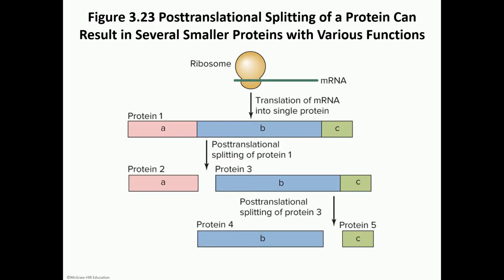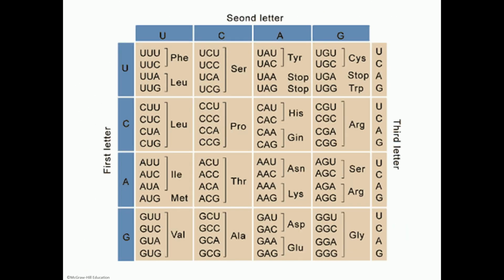So let me explain why some of them are silent mutations. And this takes us back to the redundancy. So if a mutation happened where, let's do this one, where the A is replaced with a G, we are still coding for the exact same amino acid. So your end result has not changed.